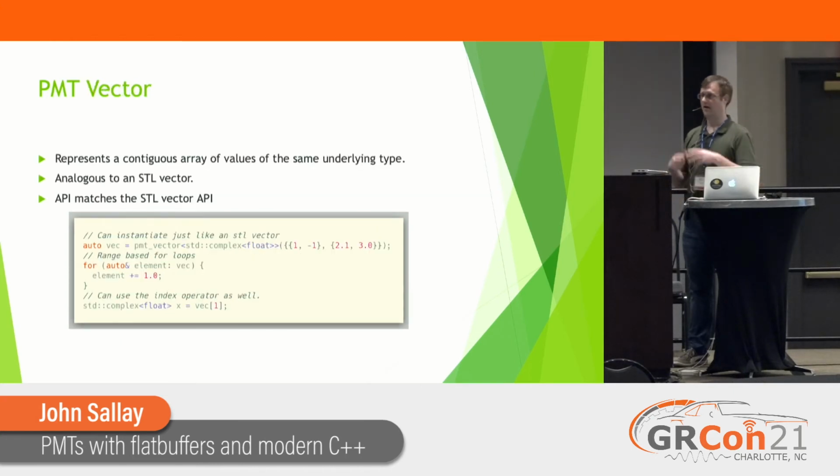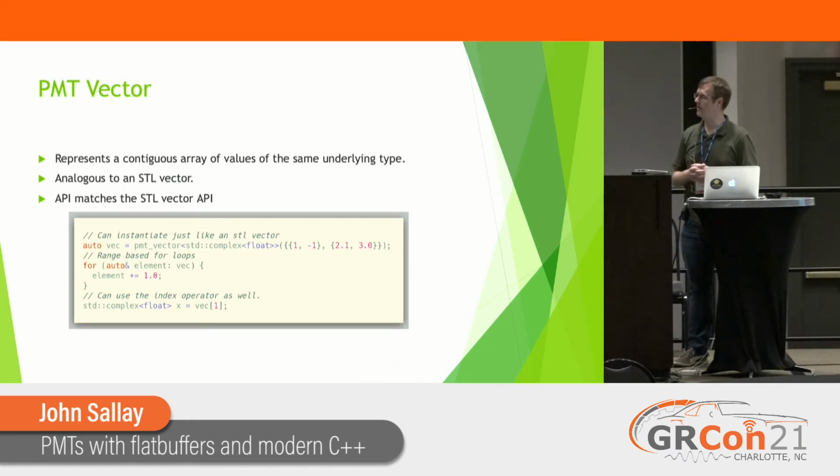The next type is a PMT vector. This is a contiguous array of data of the same type. The current PMT equivalent would be a uniform vector. The goal here is for this to feel like you're using a standard template library vector, and so the API matches the STL vector as closely as possible.